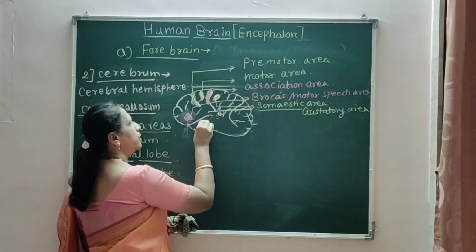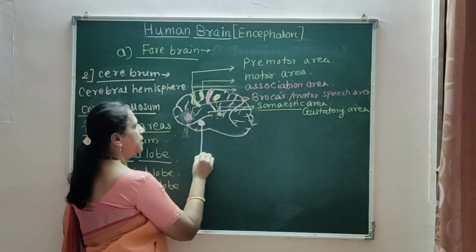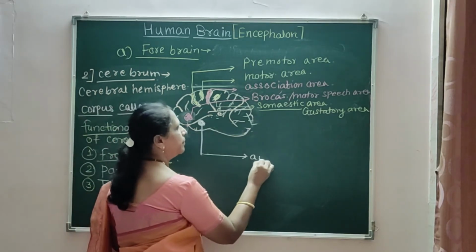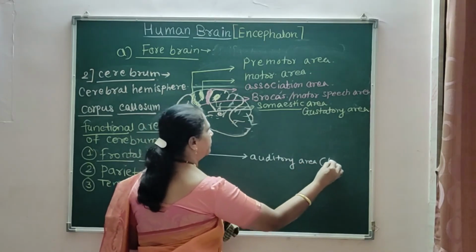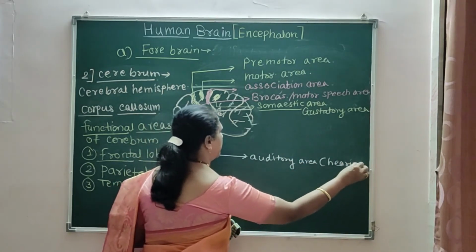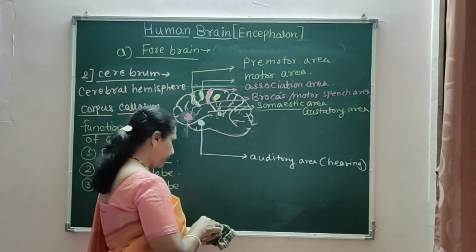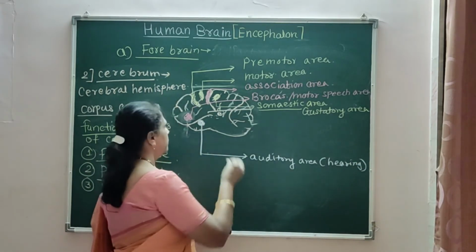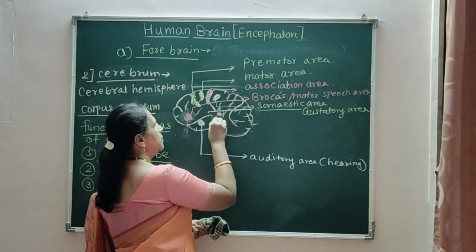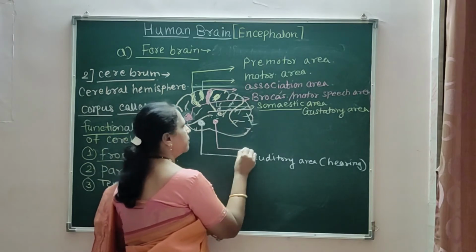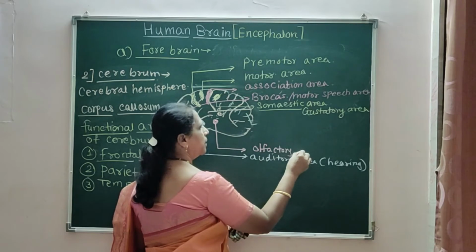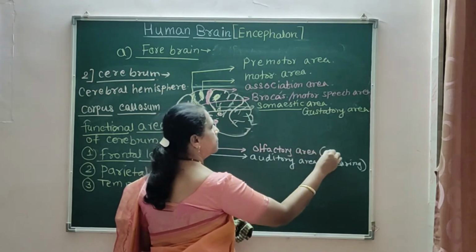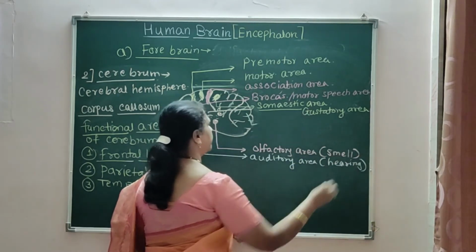One is the auditory area, which is concerned with hearing, and second is the olfactory area, concerned with the sense of smell.